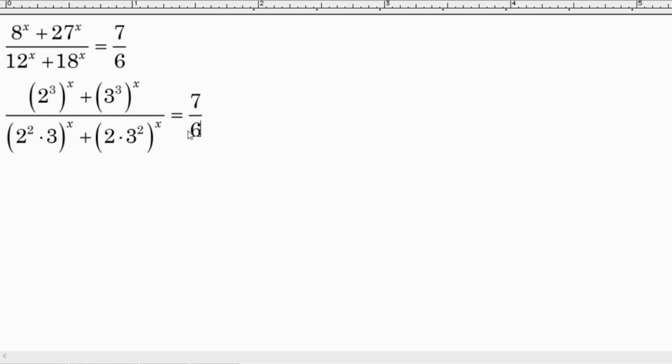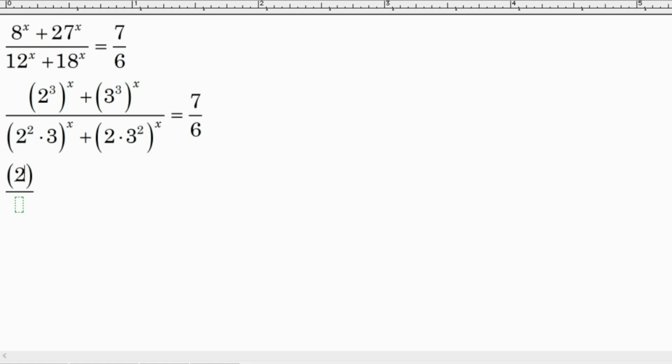Okay, so now as we can see, we have written these numbers into factors of 2 and 3. Let's move on. So here we have 2 to the power 3, or 2 cubed, all raised to the power x. So I can switch the exponent here.